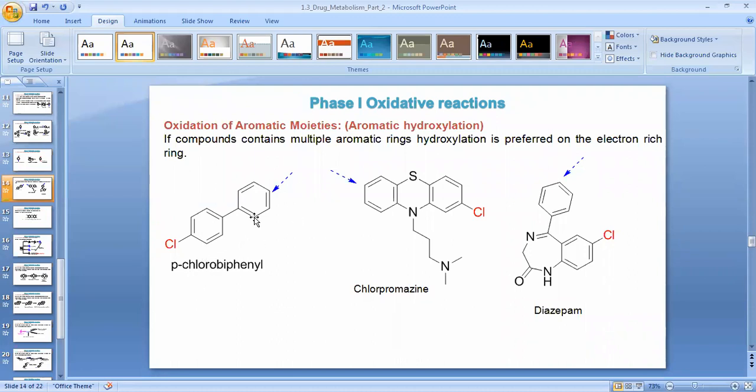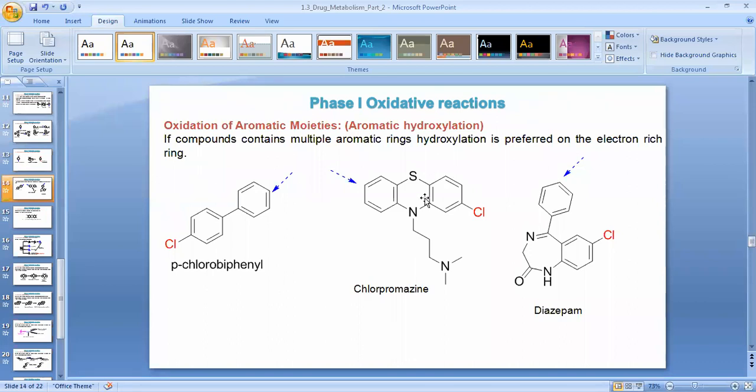So in this case, which ring goes first or is preferred for aromatic hydroxylation? Obviously, this ring is preferred for the aromatic hydroxylation type of reaction. So the example of such aromatic hydroxylation is para-chlorobiphenyl. Now, the next one is chlorpromazine.